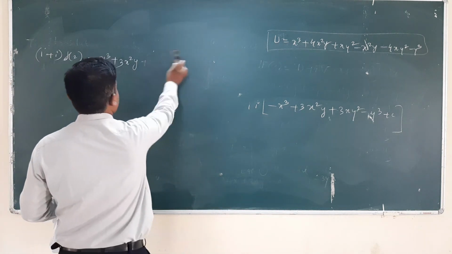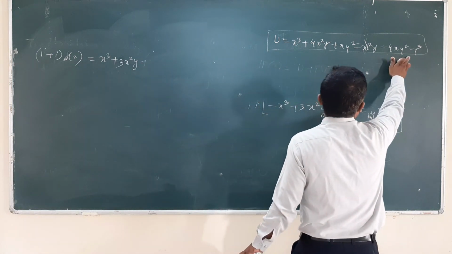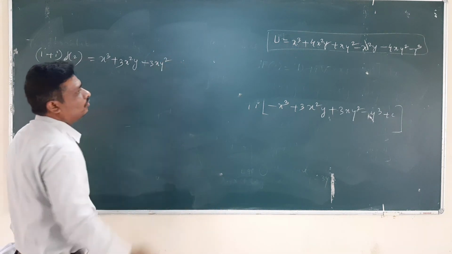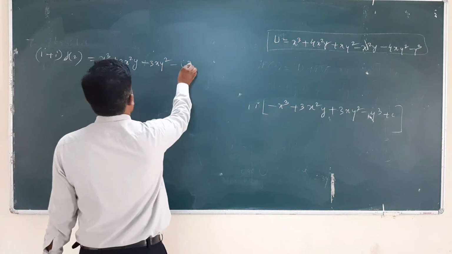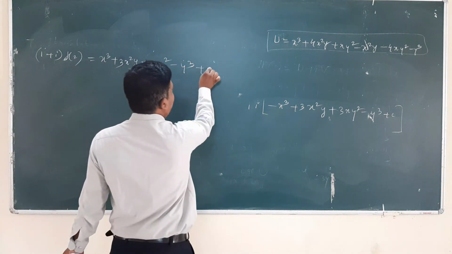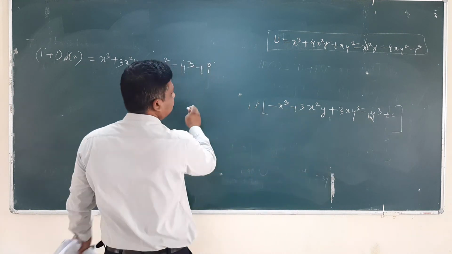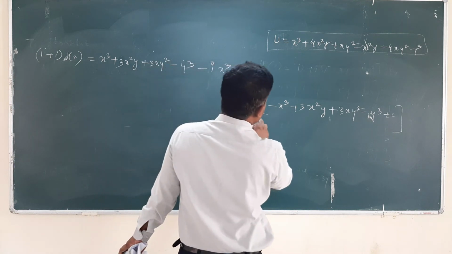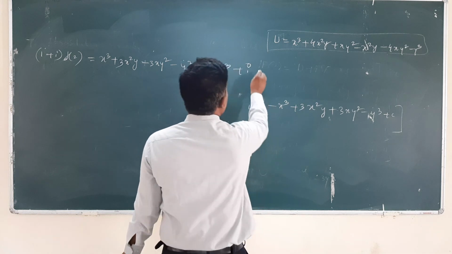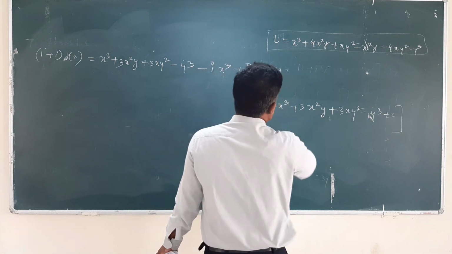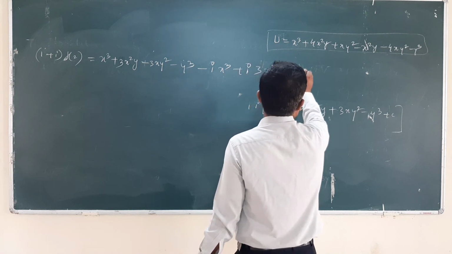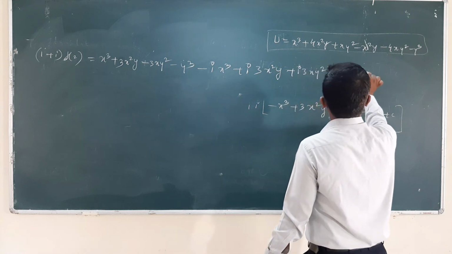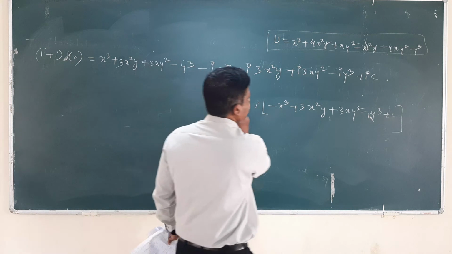Then minus 4xy square plus xy square is minus 3xy square, minus y cube, plus i into, so I will multiply this i, the first term becomes minus i into x cube, plus i into 3x square y, plus i into 3xy square, minus i into y cube, plus i into c.